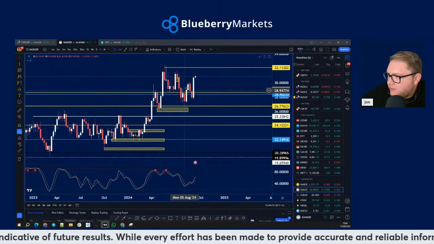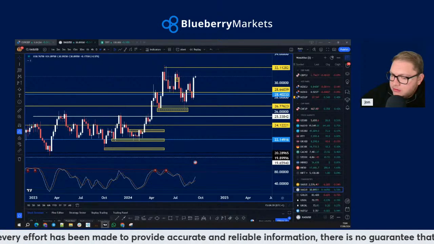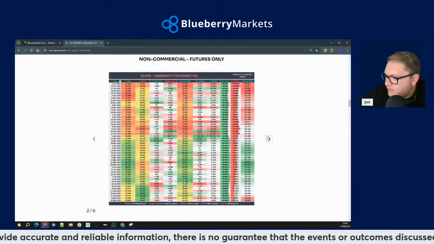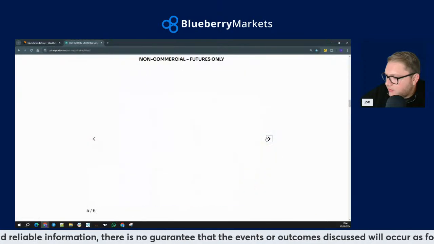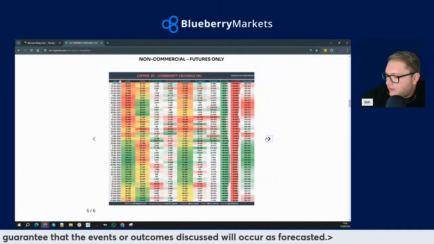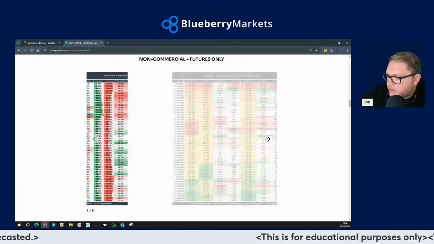Price has since moved higher, but it did decline for a couple of weeks first. So yeah, it's not really showing me much at the moment. Markets are very, very quiet. I think it's all down to what happens at the FOMC this week. Copper, short positions are high apparently. Open interest is very low on that.